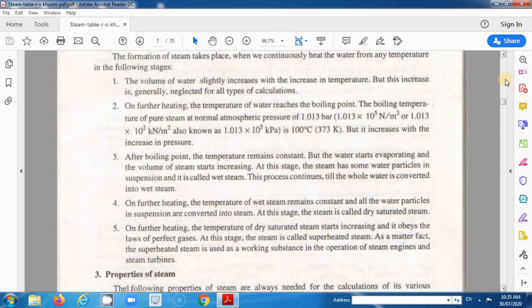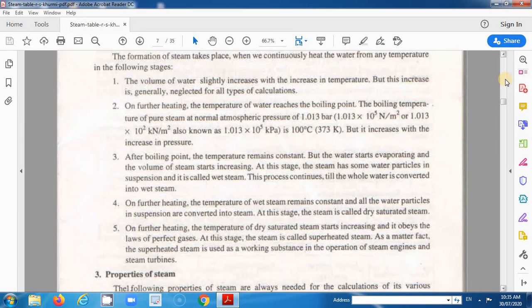Next, on further heating, the temperature of wet steam remains constant and all the water particles in suspension are converted into steam. At this stage, the steam is called dry saturated steam. If there are no water particles in suspension, such steam is called dry saturated steam. On further heating, the temperature of dry saturated steam starts increasing and it obeys the laws of perfect gases.